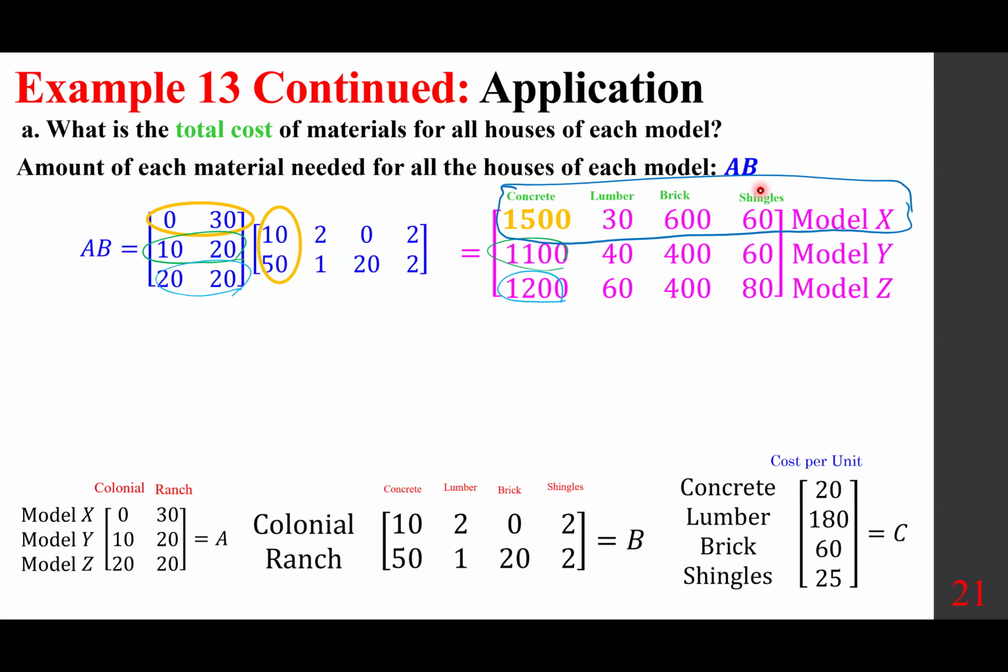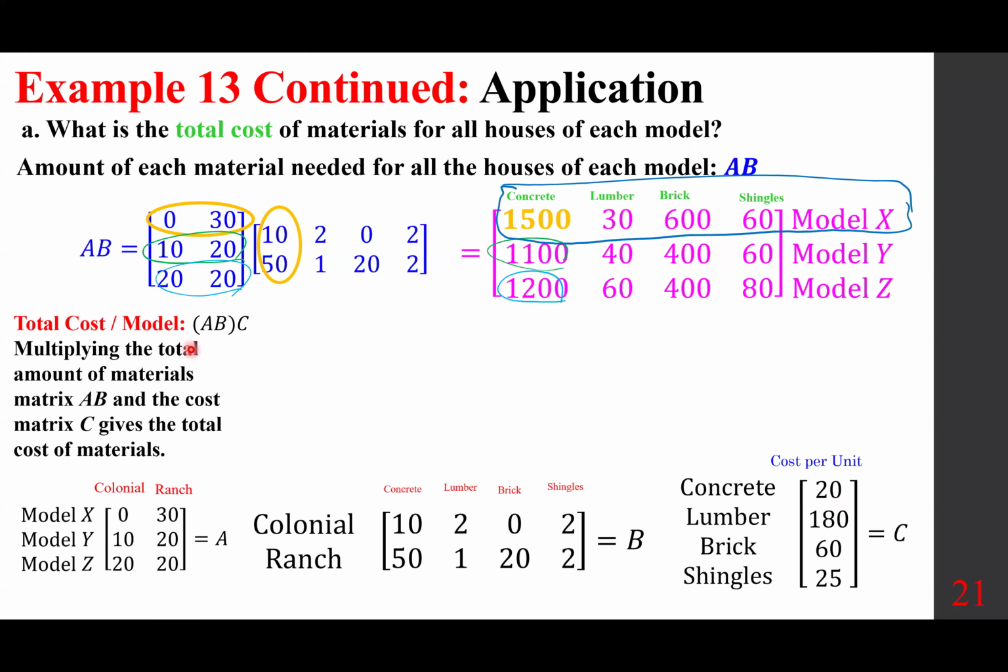That's the idea. And now we can figure out the cost by multiplying by the cost per unit of those. In other words, total cost per model is AB times C. Multiplying the result here, the total amount of material, matrix AB, and the cost, matrix C, gives the total cost of material.